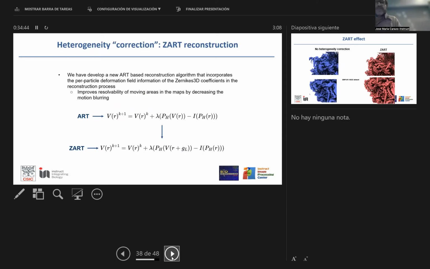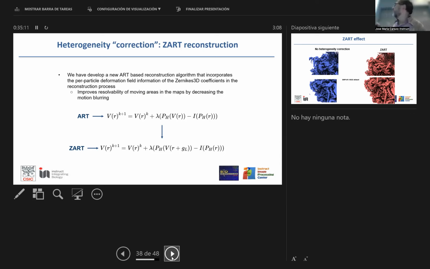Well, the way to do that could be complicated, but really with the GPUs and all that, we can do it in a simple manner, which is modifying an existing algorithm called the algebraic reconstruction technique, ART. Those of you in tomography are probably more used to another variant called SIRT, the simultaneous iterative reconstruction technique.